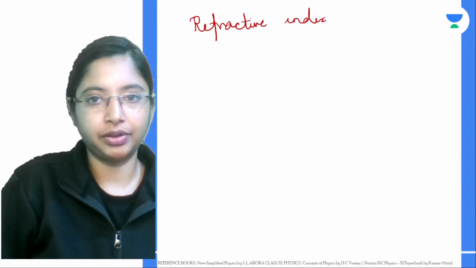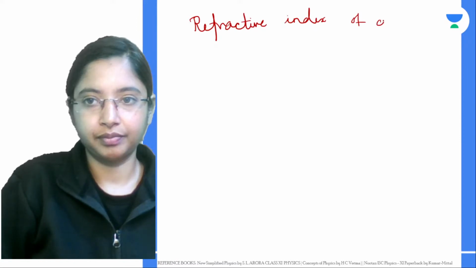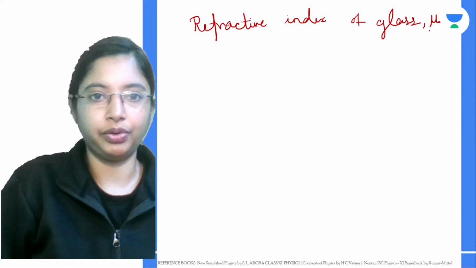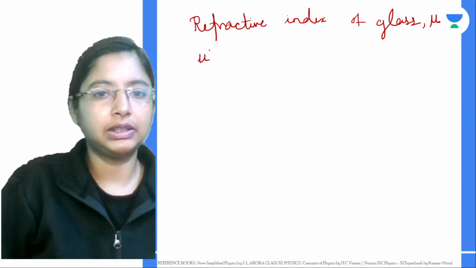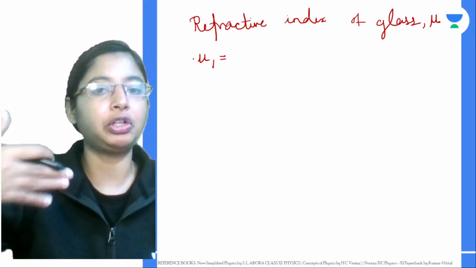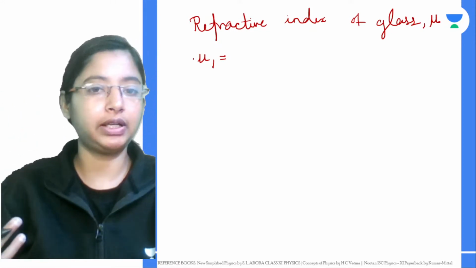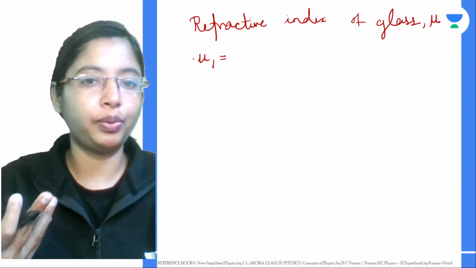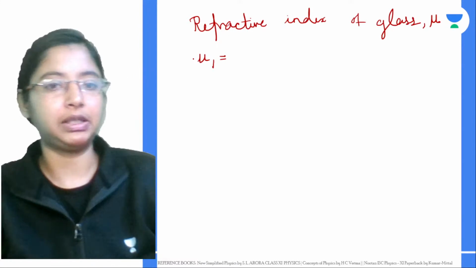You give the refractive index of glass as mu. Let's say you're taking different sets of readings. Because we want to avoid errors and get a more precise and accurate result, if you want your answer to be accurate to the true value, then you have to repeat the experiment multiple times.